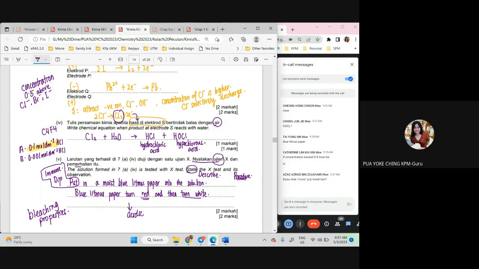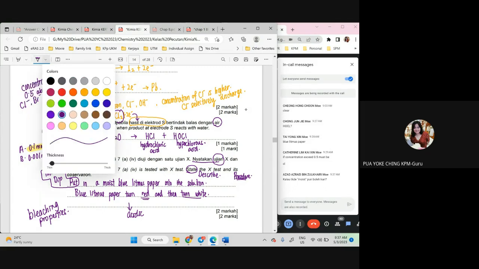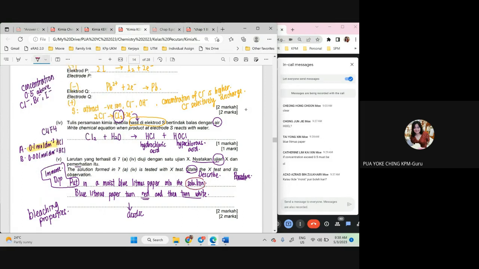Kalau tak ada moist pun boleh sebab, why you know? Sebab you punya product is already solution. This is aq. This is liquid. This is aq. This is aq. So kalau tak ada moist pun okay, tak ada masalah.